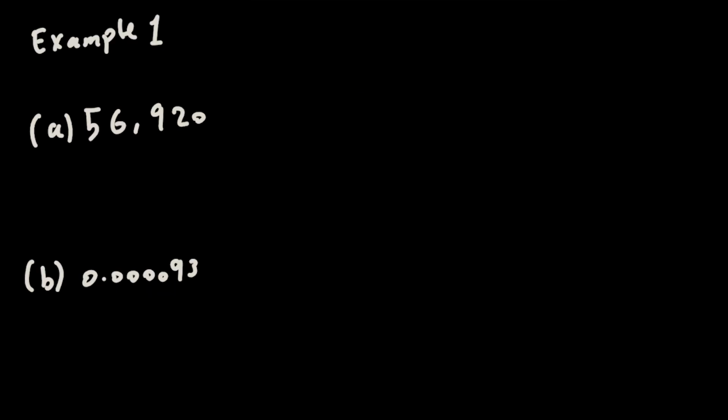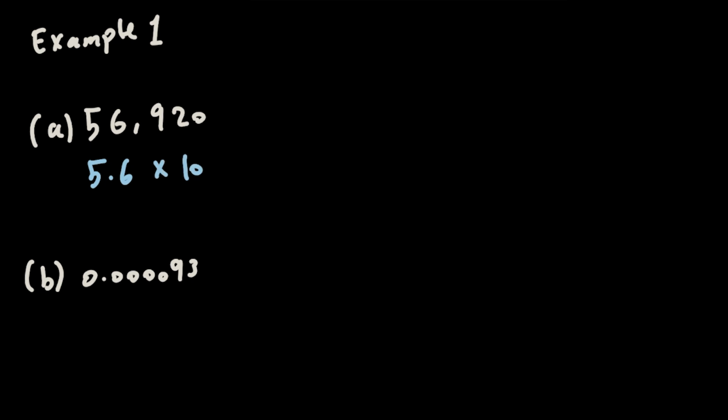Let's see an example. Here we want to write these two numbers in scientific notation. In the first number, we can write it as 5.6. This number is less than 10 and greater than 1. And then we have to multiply it by 10 to the power something.